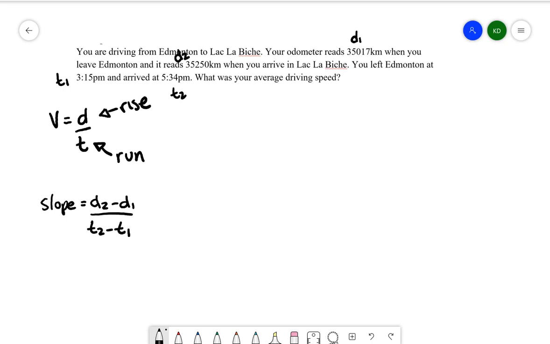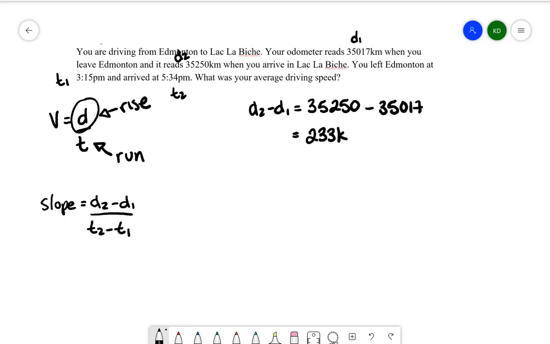I know distance goes on the top because of the formula that we started with at the beginning. So d2 minus d1 will be equal to 35,250 minus 35,017. When we subtract these two, what we get is 233 kilometers.